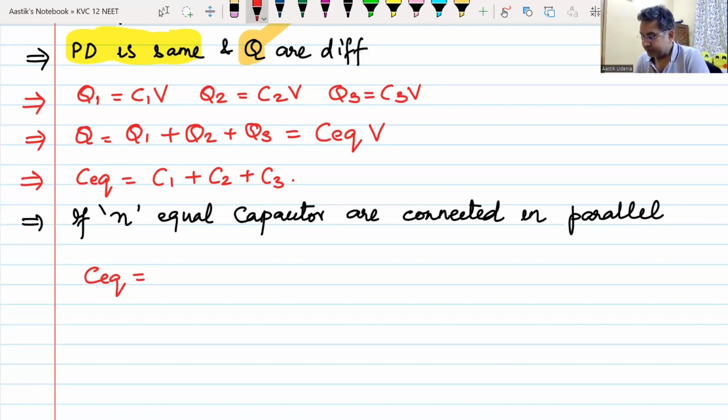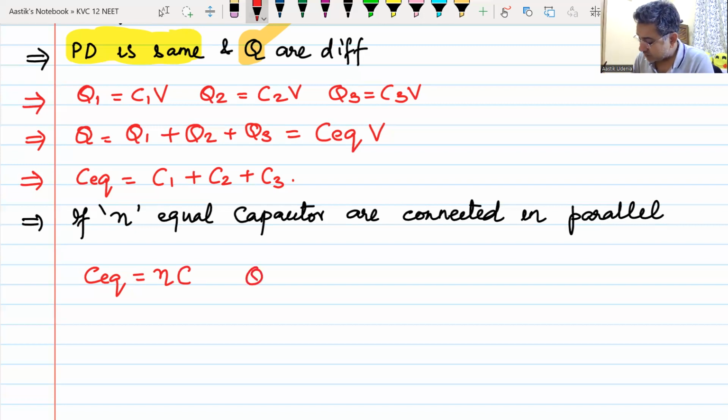If each capacitor has a capacitance equal to C, what will be the equivalent capacitance, beta? N equal capacitors are connected in parallel. Each capacitor is C. What will be the equivalent capacitance? It will be equal to N times C. Do we understand this? Yes, sir.